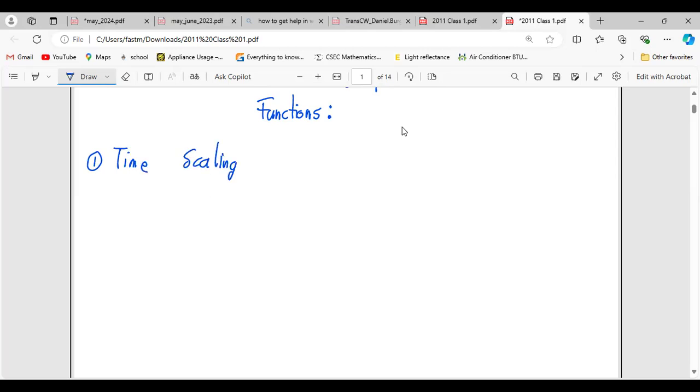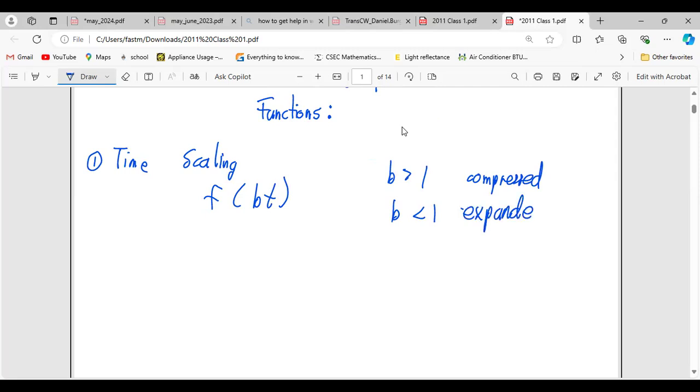In simple terms, it's just f of b of t, right?